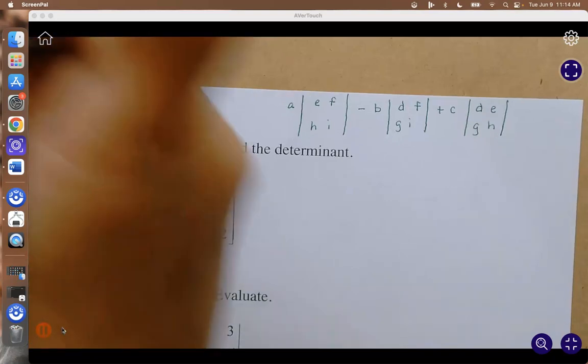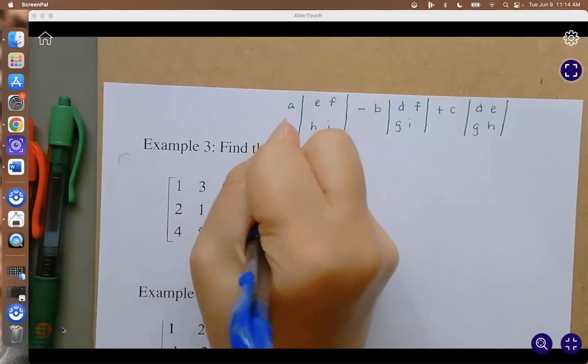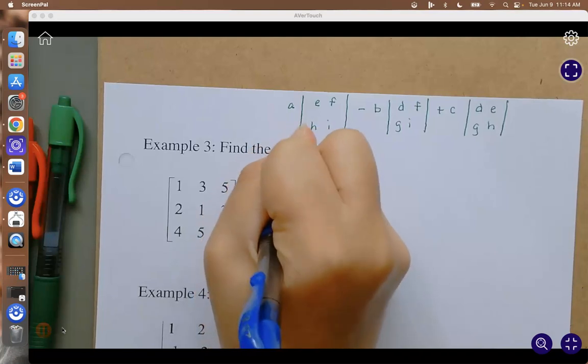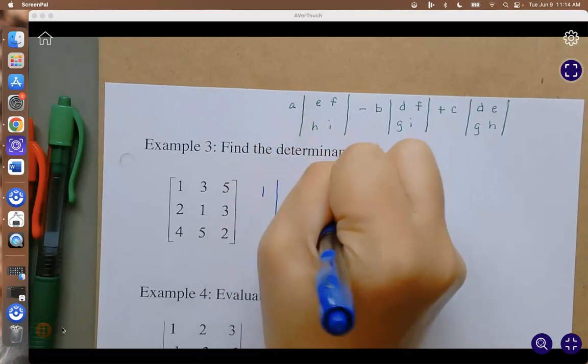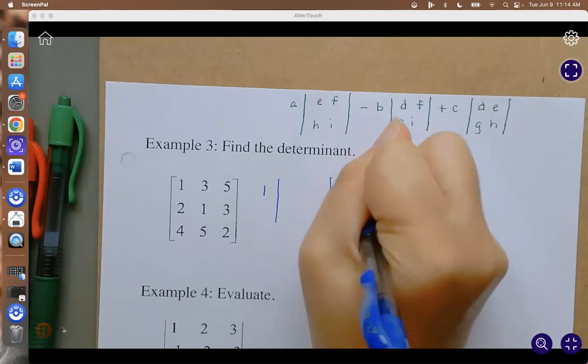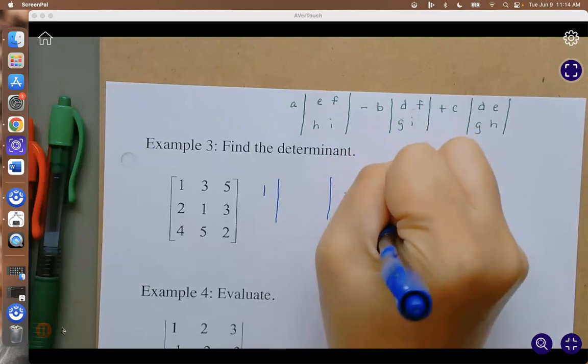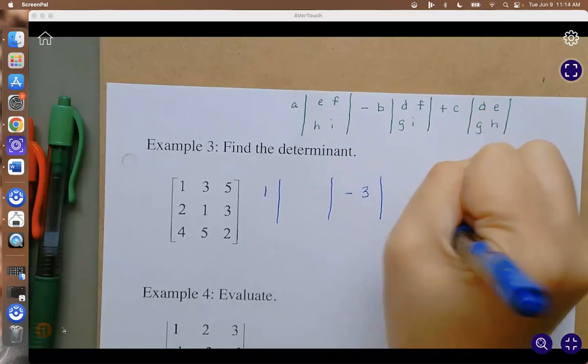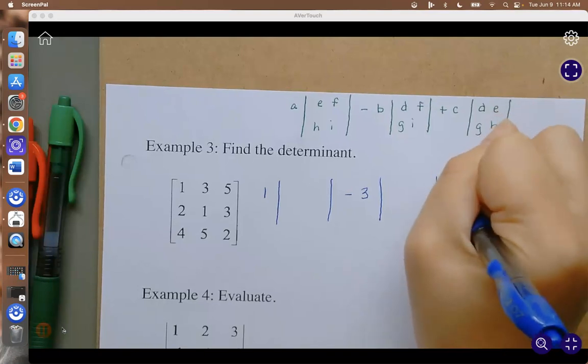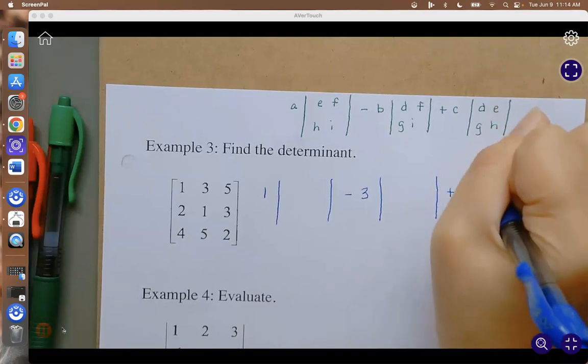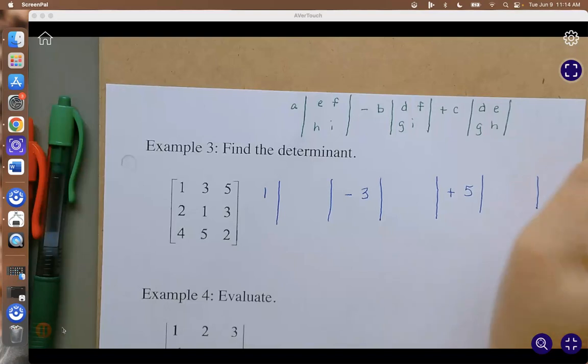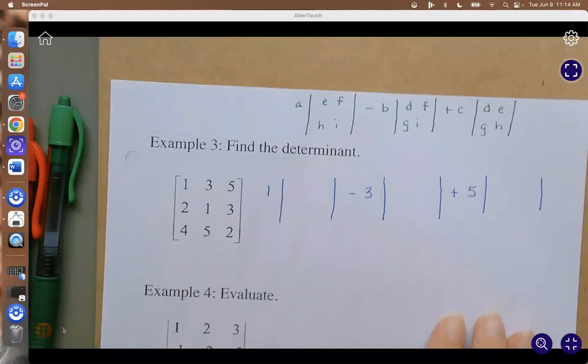Alright, here we go. So our first scalar is a 1. Minus our second scalar is a 3. Then plus 5 is our third scalar. Okay, so what I would do is 1.